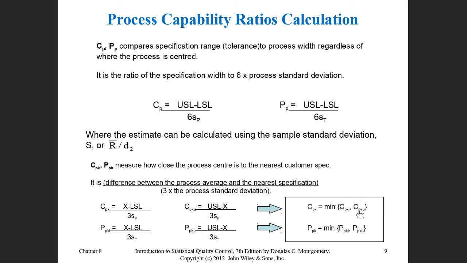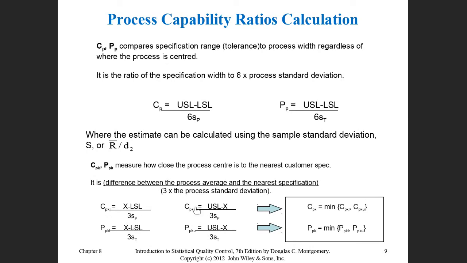How do we calculate the lower and the upper process capability? The lower process capability, referred to as CPKL, is equal to X bar minus LSL divided by 3 standard deviations.